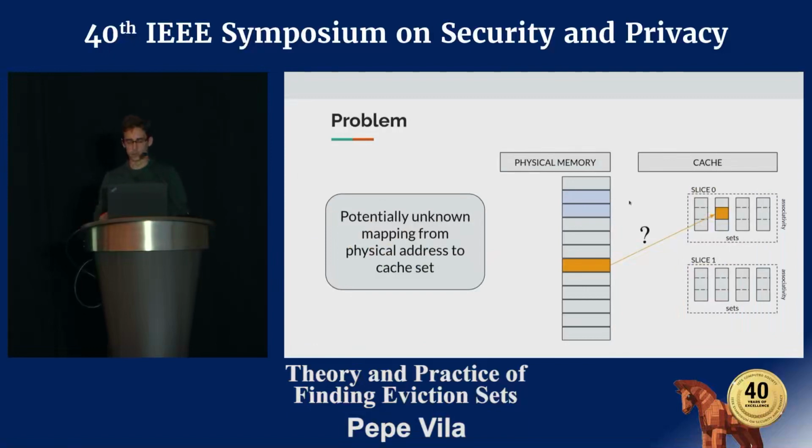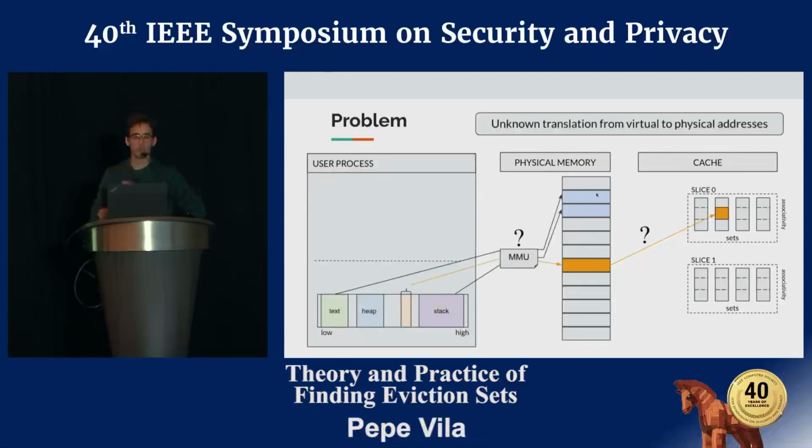So the question now is, why is this a challenging problem? In some cases, the attacker may not know the mapping from physical addresses into cache sets. Or even if this mapping is known, since the attacker usually runs from user space, he doesn't know the translation from virtual addresses into physical addresses, and therefore doesn't know the mapping from virtual addresses into cache sets.